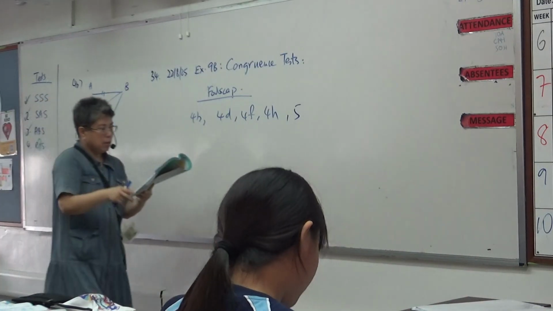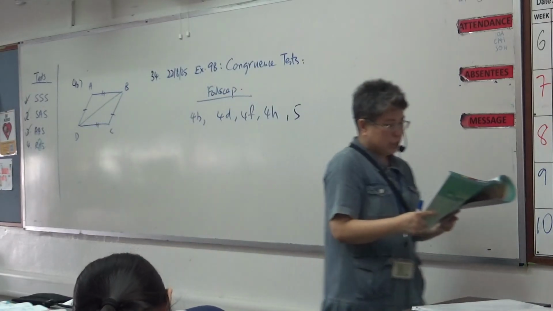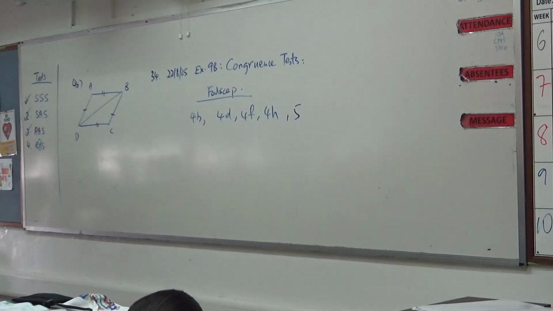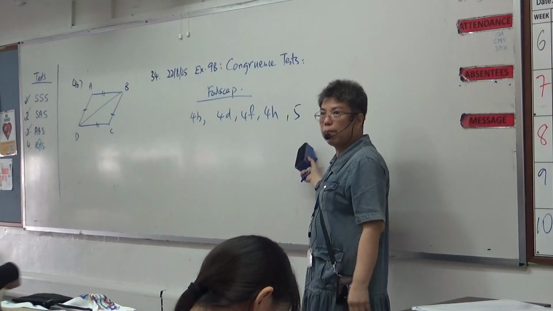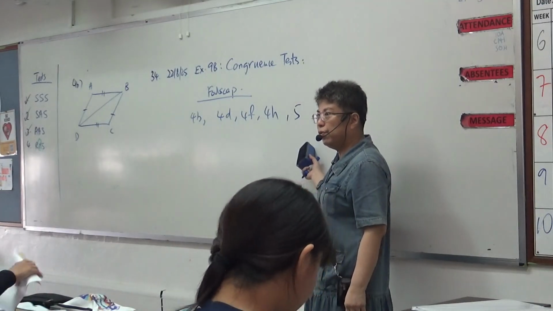Okay. The question says, for each diagram, identify a pair of congruent triangles and prove that they are congruent. Have you taken down the work already? I'm going to clean up in 15 seconds.